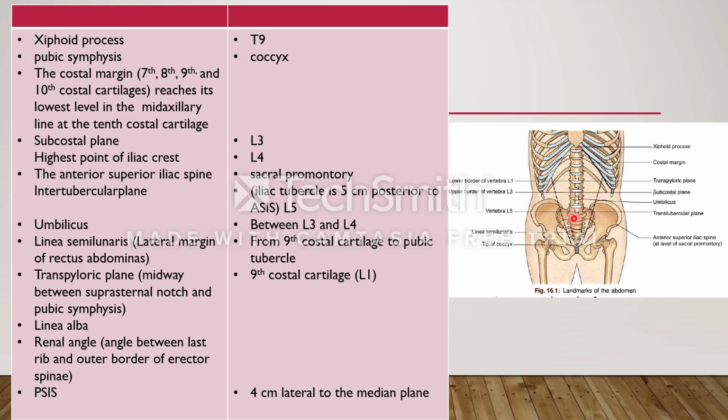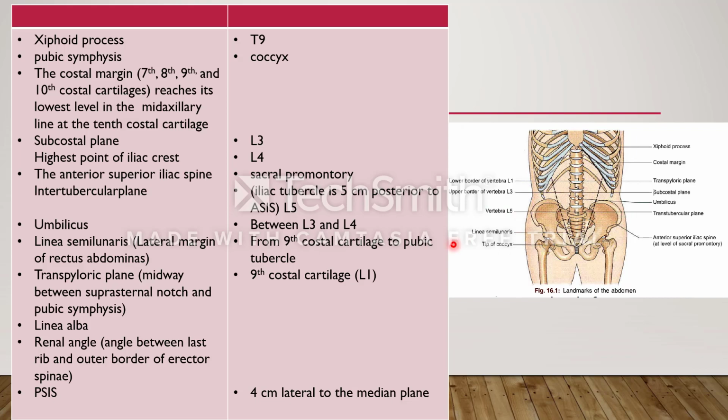It is named as the transtubercular plane or intertubercular plane. It lies at the level of the 5th lumbar vertebra. This is the 5th lumbar vertebra. So the subcostal plane lies at the level of L3 and the transtubercular plane, which is passing through the iliac tubercles, is at the level of L5.